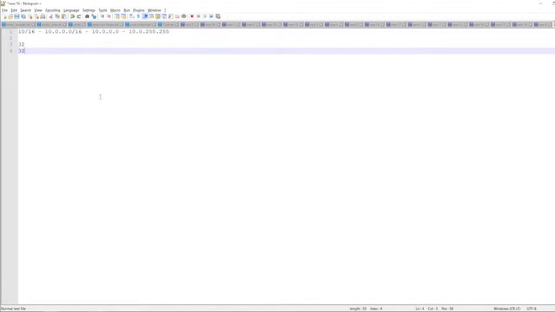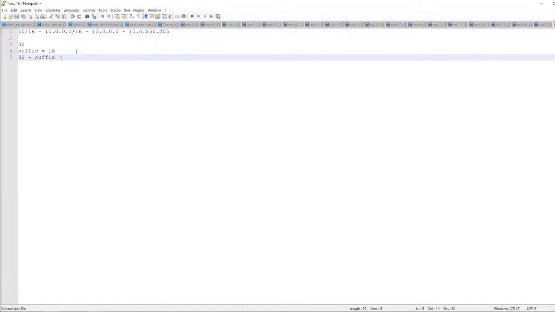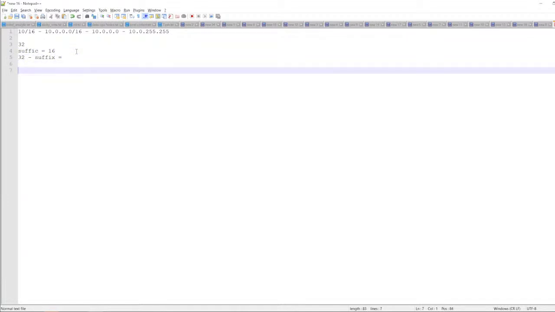So 32 minus whatever is given, the prefix or suffix, I think it is suffix. Okay, the prefix will be 10 and the suffix will be 16. So 32 minus 16, what will be the answer? 16.